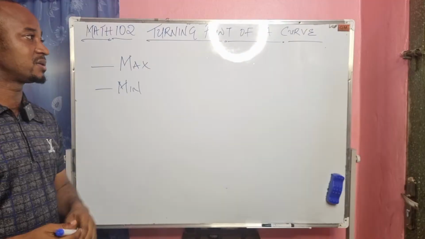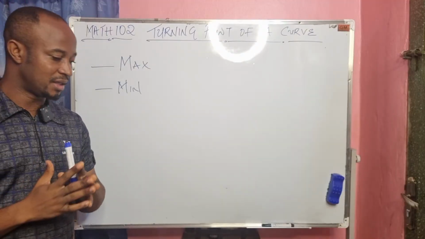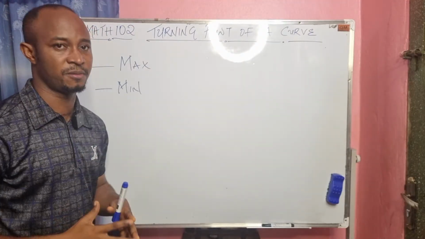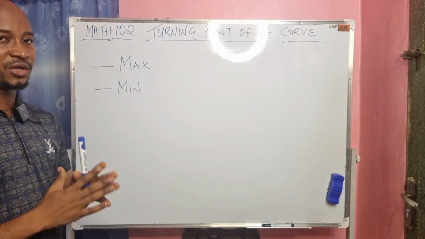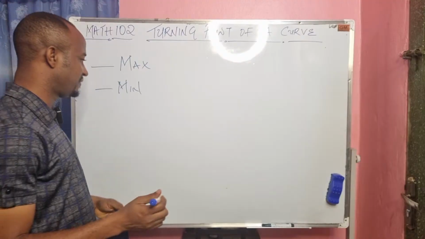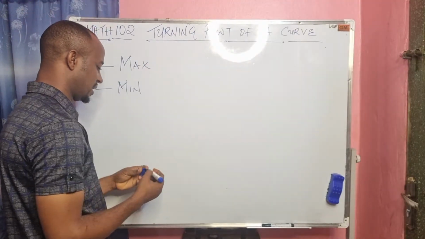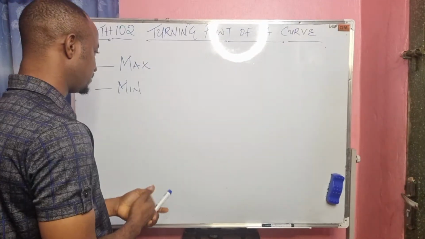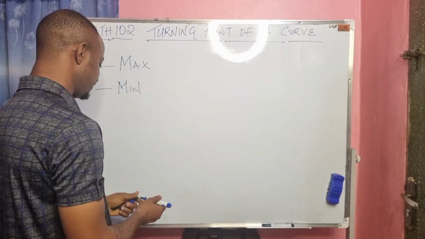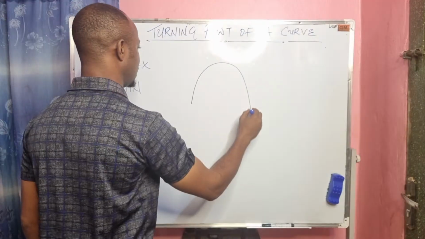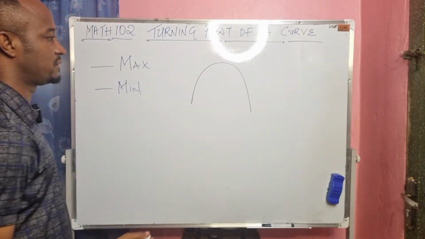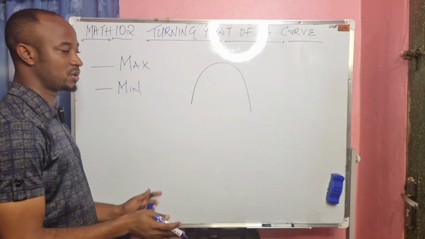And we also talked about the different types of curve we can have when we have a function. We have the linear curve, we have the quadratic curve, we have the cubic curve. And I gave an illustration that if we have a curve like this, it is a quadratic curve that opens downward, right?